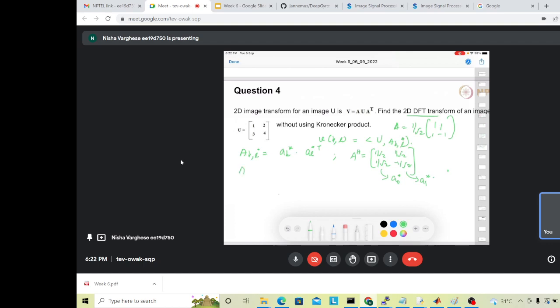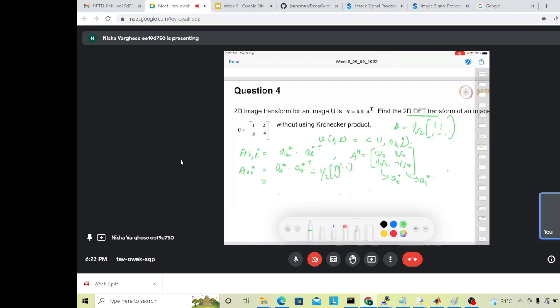So first find A00 star, which is equal to A0 star A0 star transpose. So you will get what? 1 by 2 times 1 1 1 1.